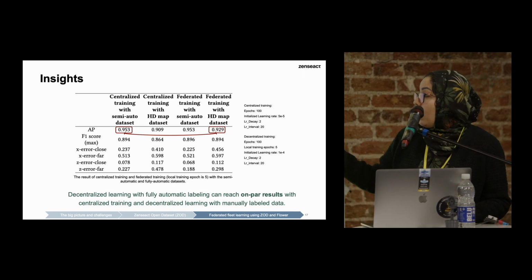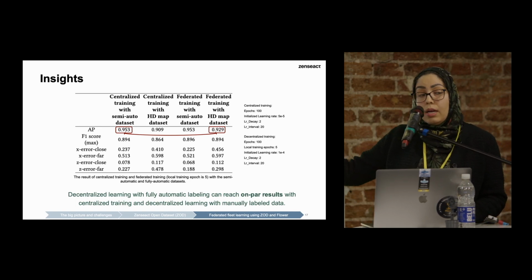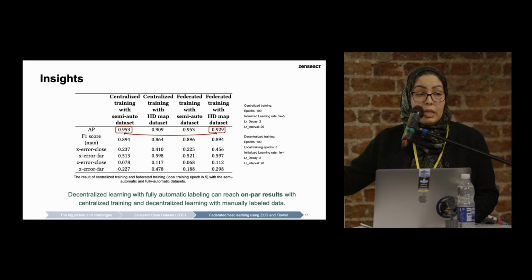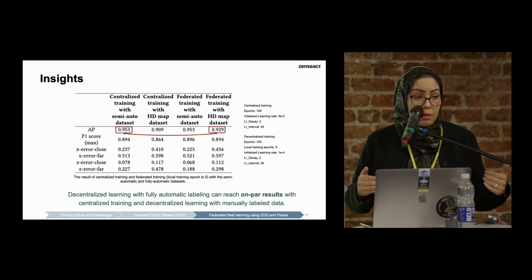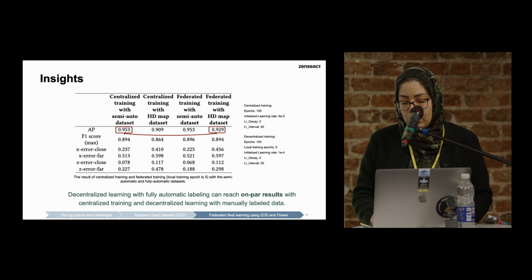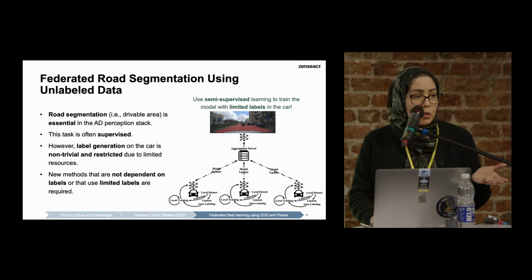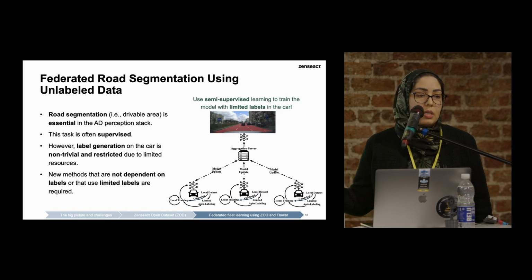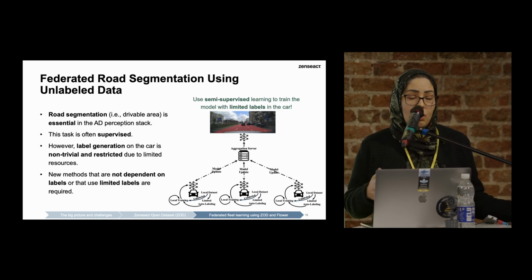And it's not that far from decentralized learning that uses manual labels, not automatically generated labels. This is promising, that we can train such models despite being supervised in the car.